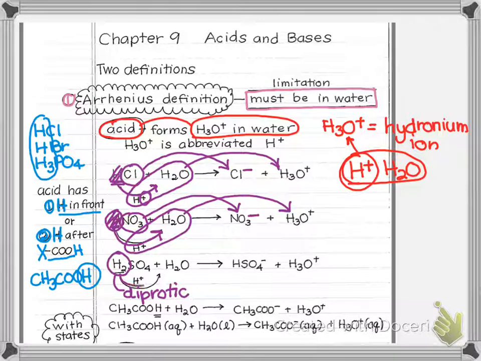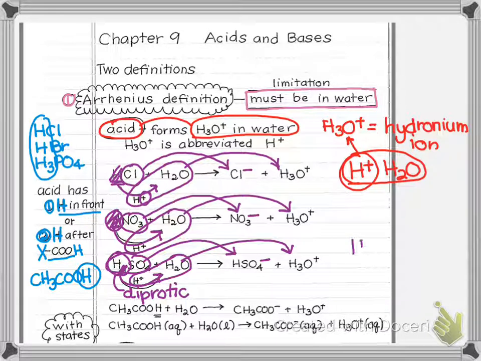So if one hydrogen comes off, one H+ comes off and goes with the water, again we have the hydronium ion. And what would be left behind, only one hydrogen would be gone, we have HSO4. And there's HSO4- because we took away a positive. And every time you take away a positive, you have a negative left behind.